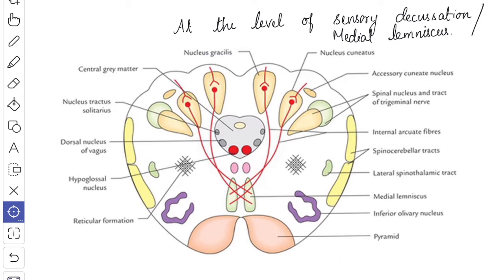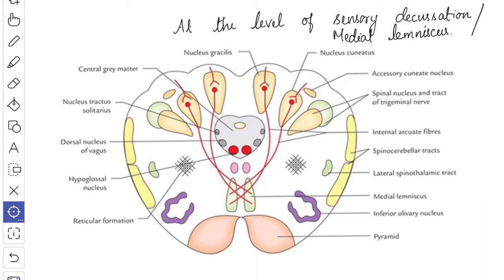As the fibers from the nucleus gracilis and the nucleus cuneatus pass forward and medially they intercross, so that the most medial fibers from the feet and the leg come to lie anteriorly in the medial lemniscus. In the medial lemniscus, the body is represented with the head posteriorly and the feet anteriorly. The fibers of the lemniscus relay into the corresponding thalamus.